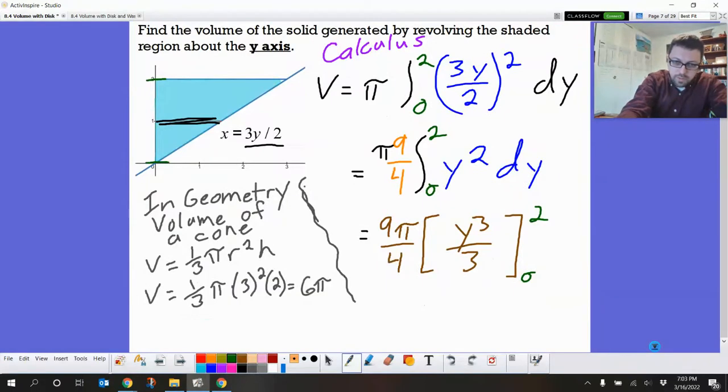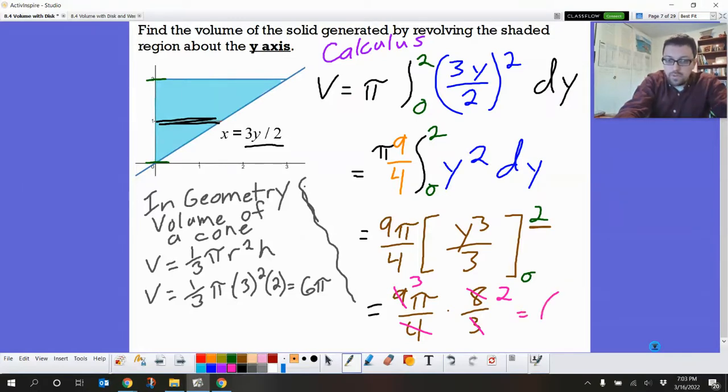So this equals, let's see, 9 pi over 4. Y cubed, we want to put in this 2 value. So that's going to be 8/3. We do a little simplification, cancel those. We get 3, cancel these. We get 2. Oh my gosh, 3 times 2 is 6 pi! And that's the same thing the geometry kids would have gotten.